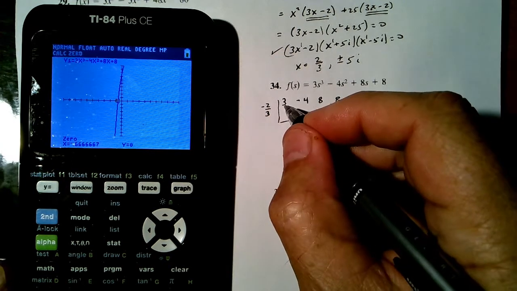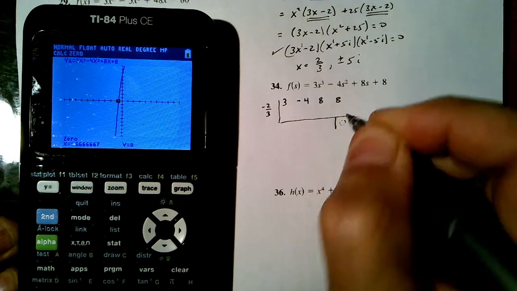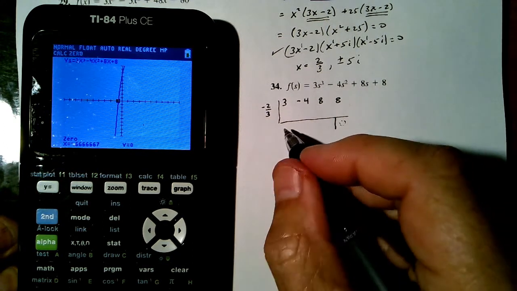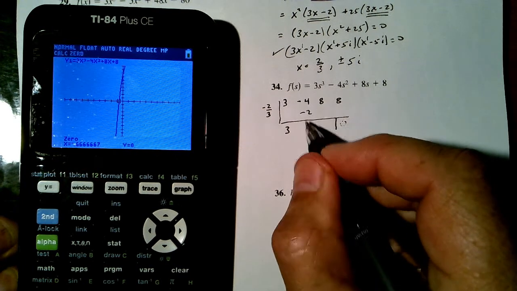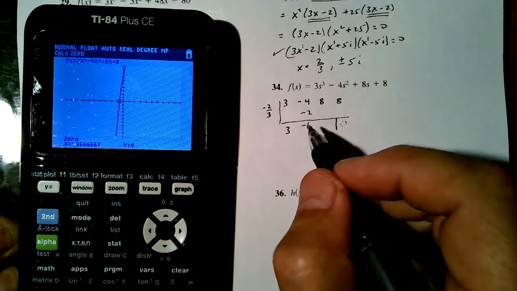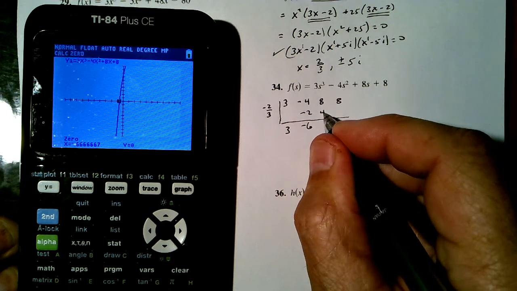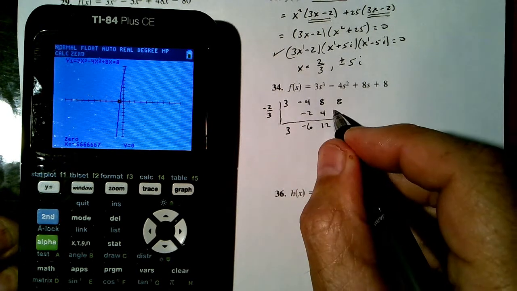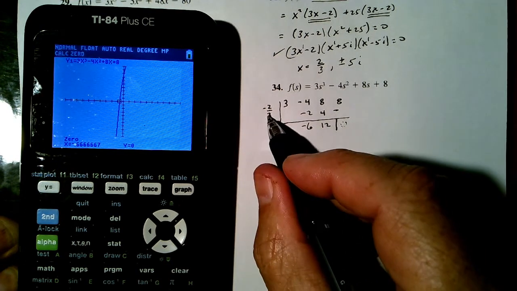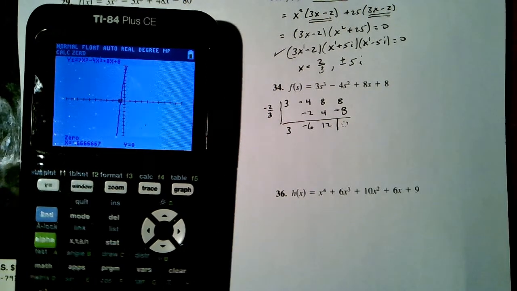So here we go. I think that's going to be zero over here. I certainly hope it is. Let's see. I bring down the 3, 3 times negative 2/3: the 3's cancel, negative 2. Add them, negative 6. Negatives cancel, 12 over 3 is 4. Add them, 12. Positive times negative is negative, 12 divided by 3 is 4, times 2 is 8, and we get 0. So there we go.